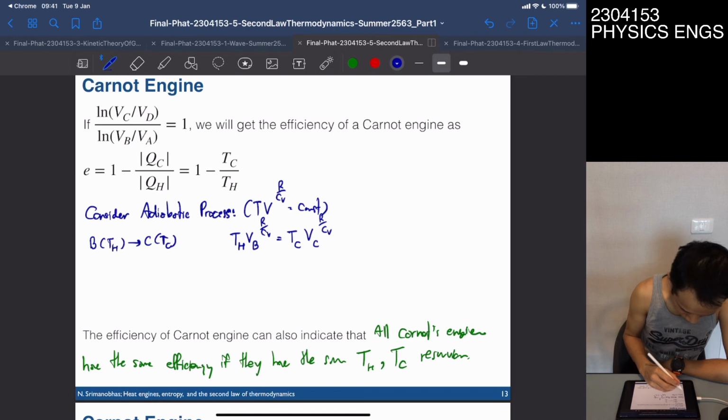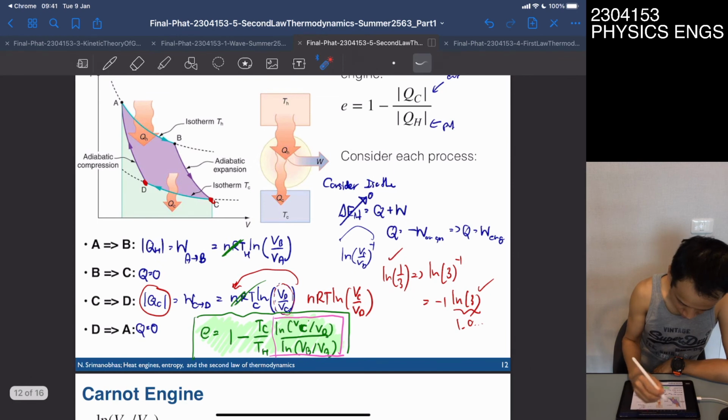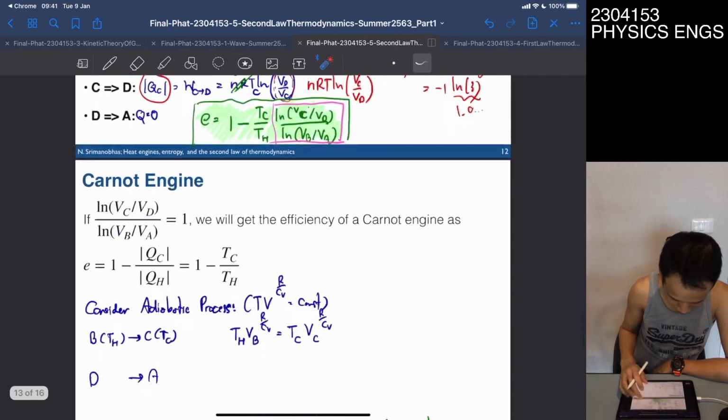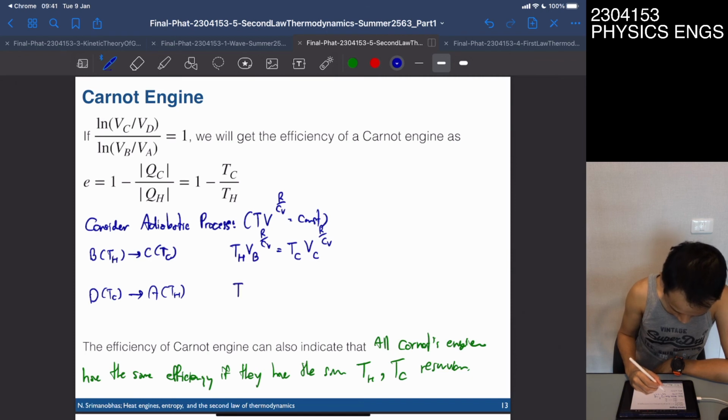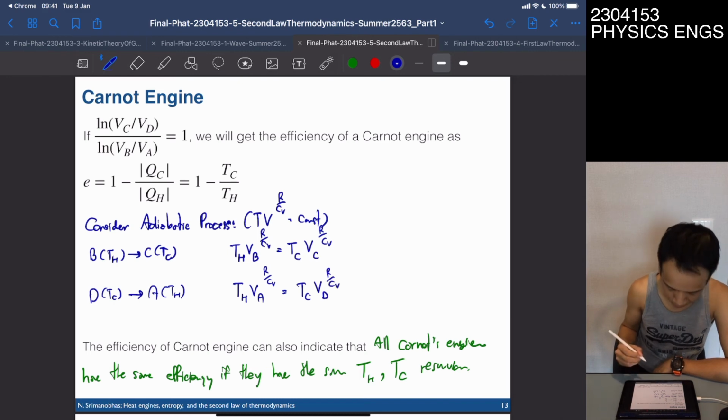And then we consider from D back to A. VD is at T cold, VA is at T hot. I put the T hot on the same side: T hot VA to the power R over CV equals T cold VD to the power R over CV.